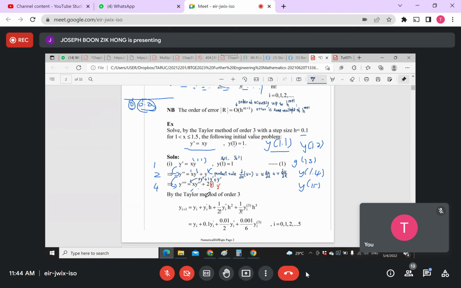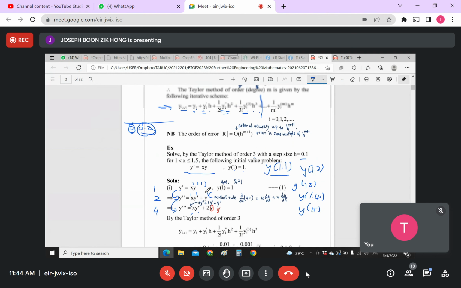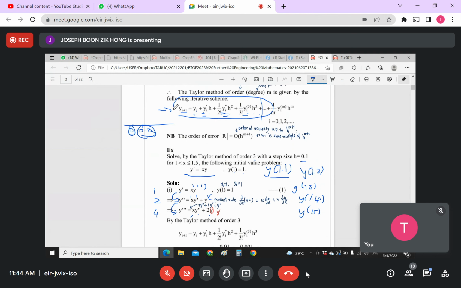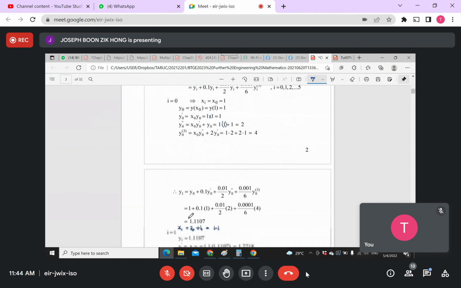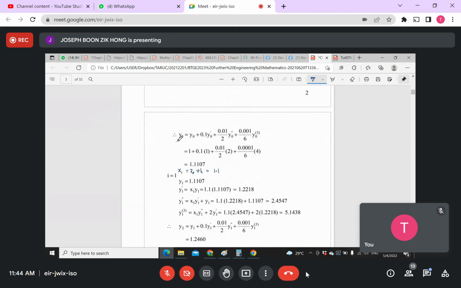So that means now my formula, in order to get the y 1.1. Y 1.1 actually is equal to y1.